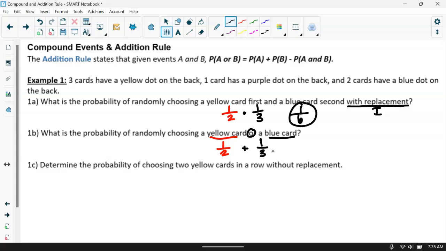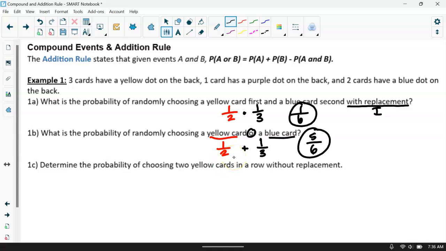Now, is there any overlap that we need to subtract? Is there any card that is both yellow and blue? No. So we don't need to subtract any overlap in this situation. Add them up, and that's how we get that this probability is 5 out of 6. So it's definitely a higher chance because we're just saying, what is the probability that you choose a card and it's yellow or blue?